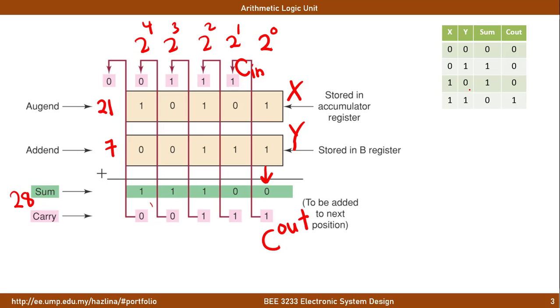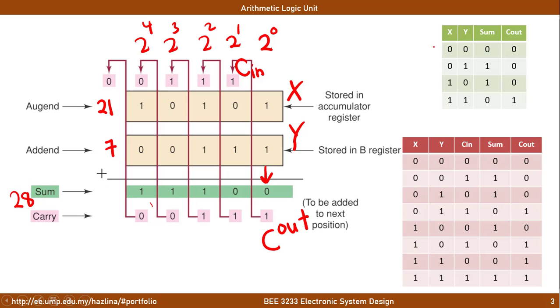Similar to 1 plus 0, which is equivalent to 1 with 0 carry out. However, look, when 1 plus 1, which is equivalent to 2, in this case 0 is being preserved, whereas the 1 is being carried out. This addition is known as half adder.